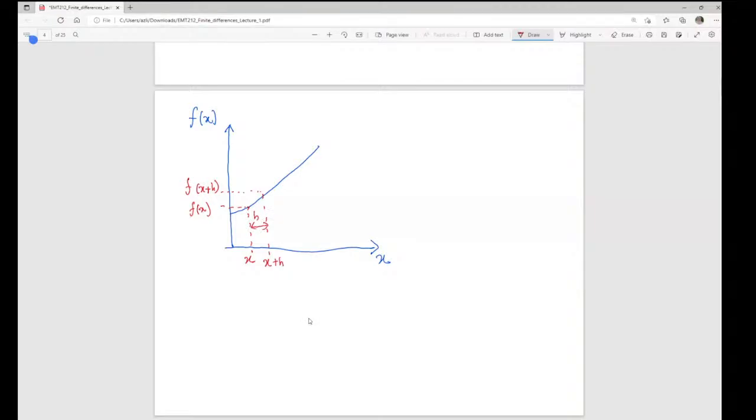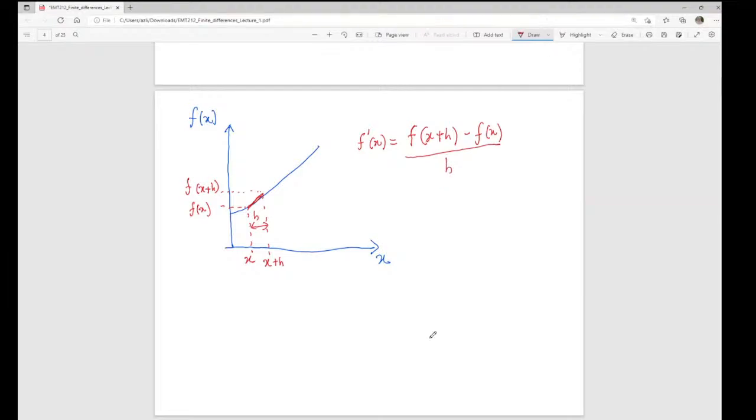So the slope here, f prime of x, we can define as f(x plus h) minus f(x), over h.